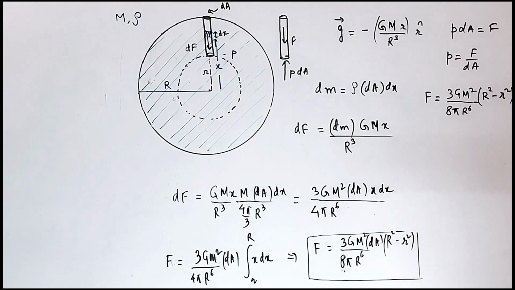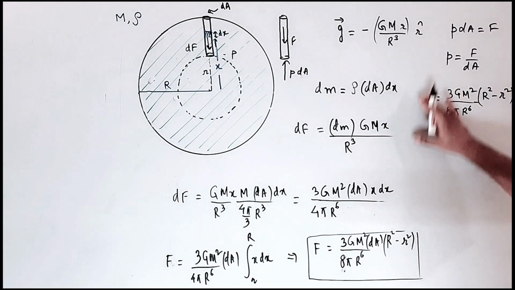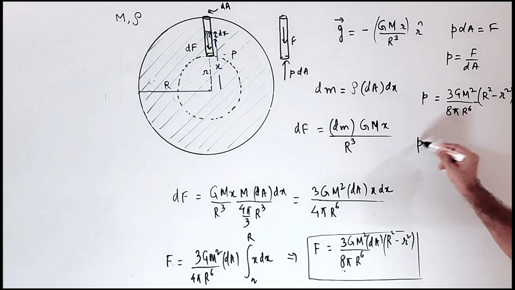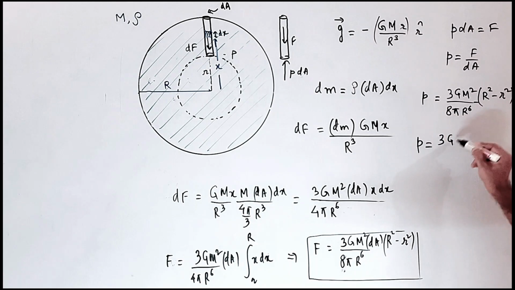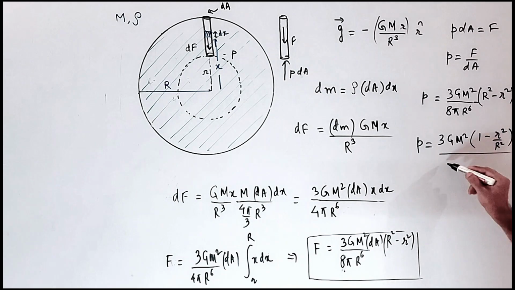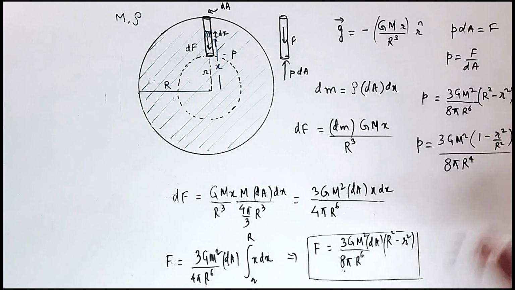We can further simplify, and this is now P. We can take R² outside. So for this P, I will finally get 3Gm², R² I am taking outside, so 1 minus r² by capital R², and that will become 8π R⁴.